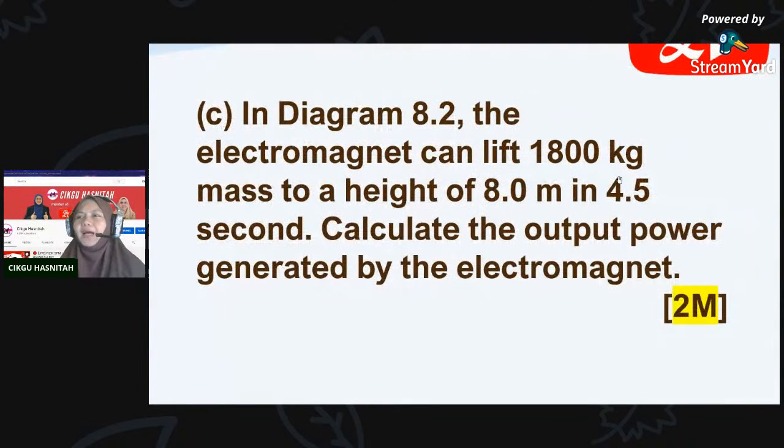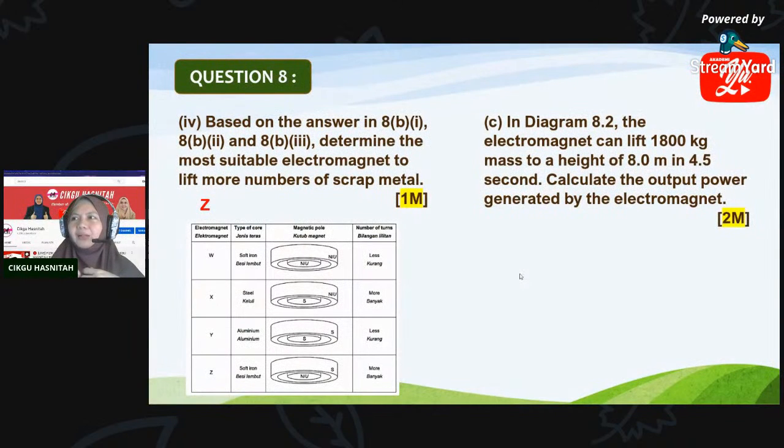Okay, how to find output power generated by the electromagnet? They give you mass M. This is height H, 8 meter. And this is time 4.5 seconds. So we want to find power P. So how to relate P, M, H, and T? So what formula we can apply to find the output power?